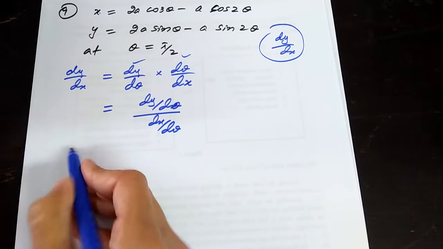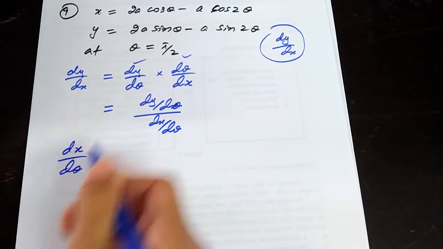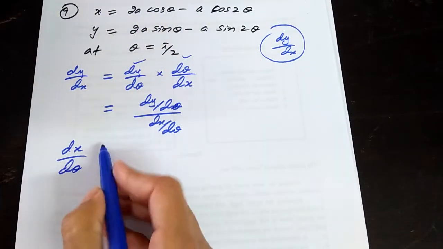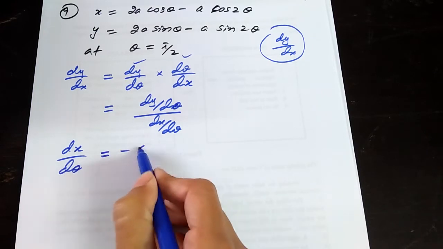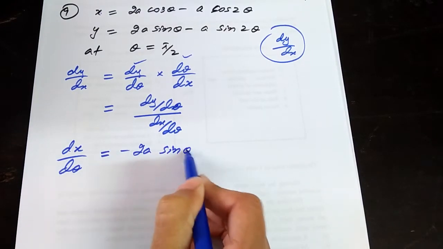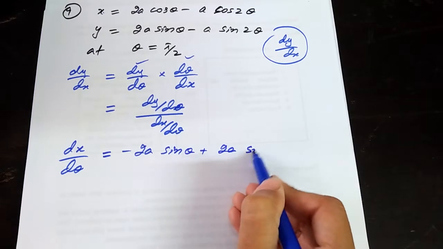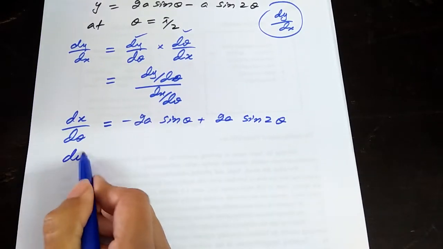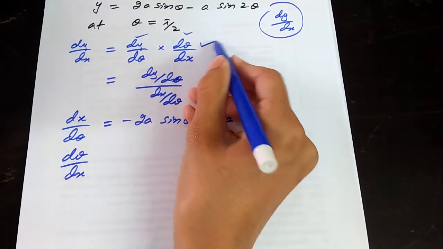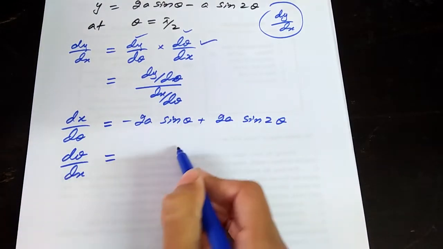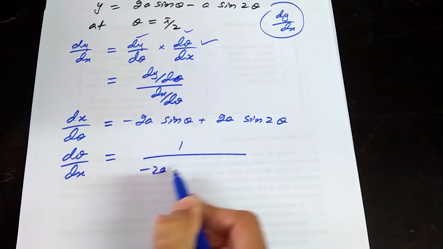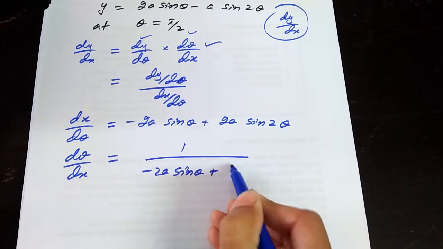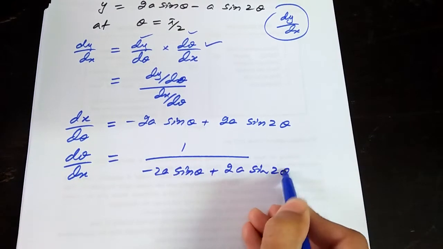So from the first one, find the derivative of x with respect to theta. We will get dx by d theta equals minus 2a sine of theta plus 2a sine of 2 theta. And d theta by dx, we know that we need its reciprocal, which will be 1 over minus 2a sine of theta plus 2a sine of 2 theta.